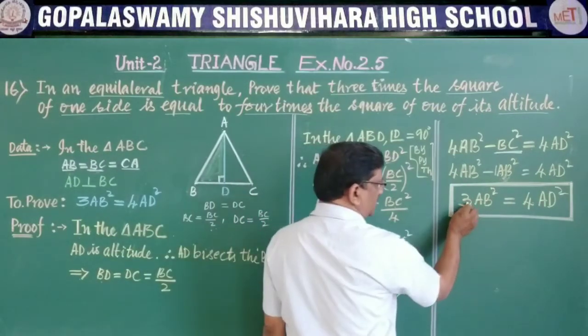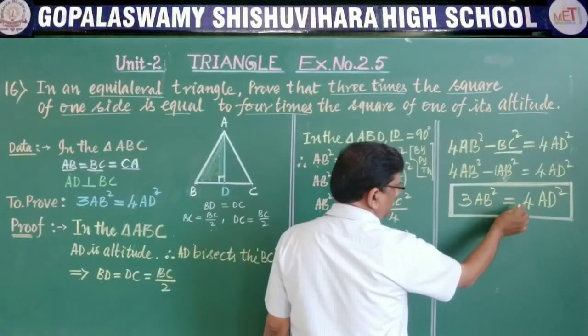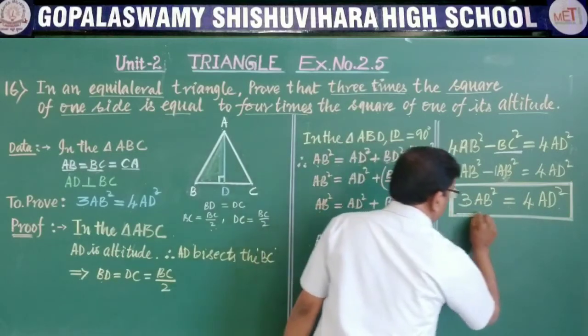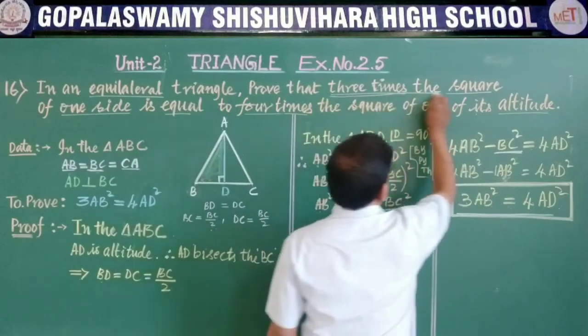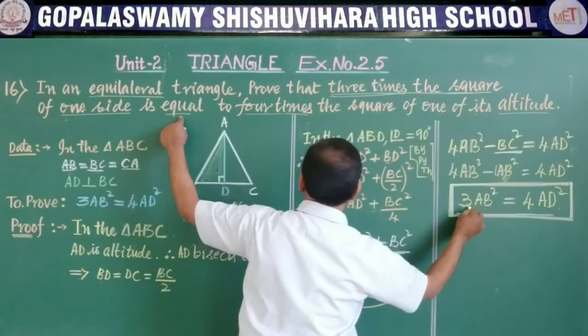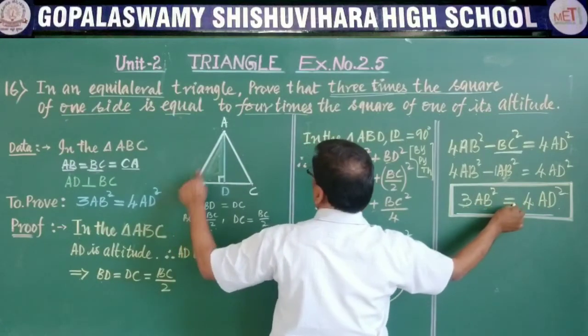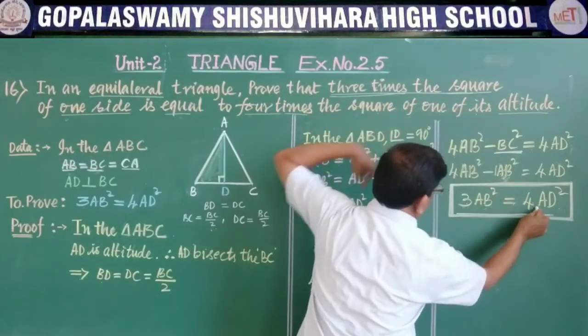So in the left hand side 3 AB square, on the right hand side of equals, that is equal to 4 AD square. So this is what has to be proved here, that is 3 times the square of one side, 3 times the square of AB is equal to 4 times the square of one of its altitude.